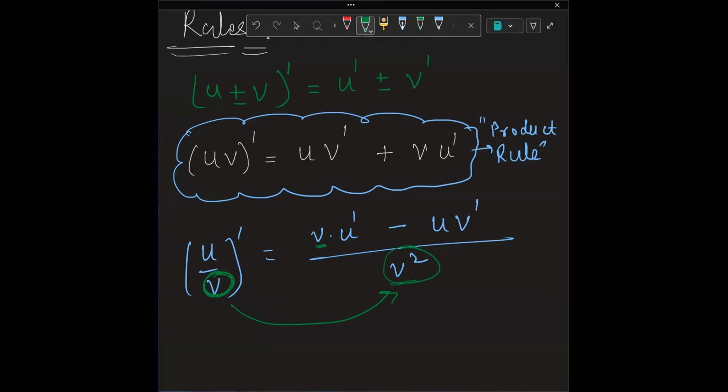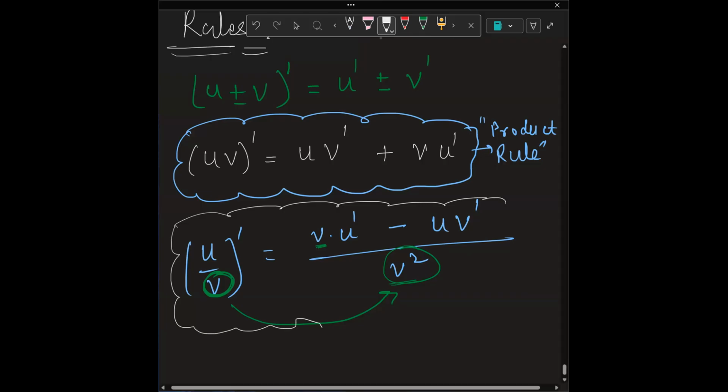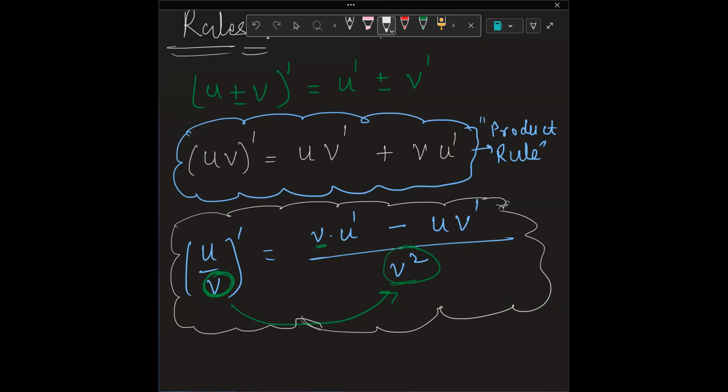And there is a condition that v cannot be equal to 0. Anas, tell me why v cannot be equal to 0. There is a condition that v cannot be equal to 0.